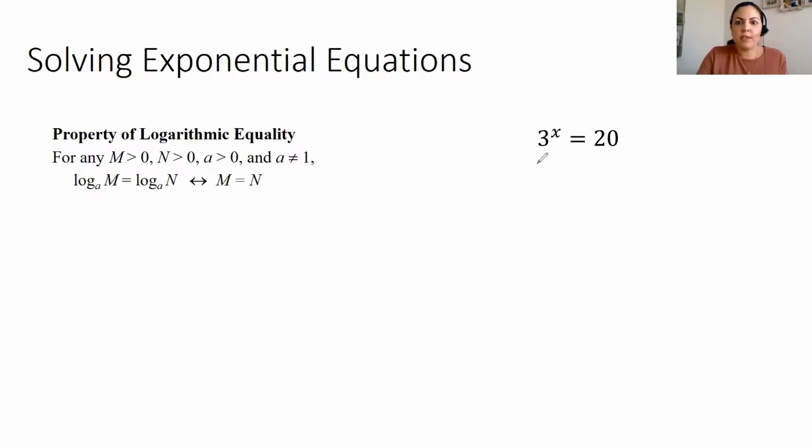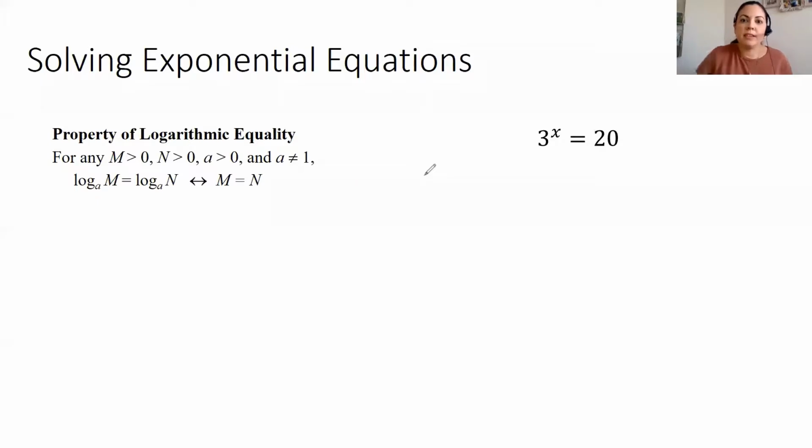So let's start with this example, 3 to the x equals 20. I want to talk about why the base exponent property doesn't work here. As we saw with the base exponent property, we need our expression to have the same base on both sides in order for us to be able to solve for that exponent.